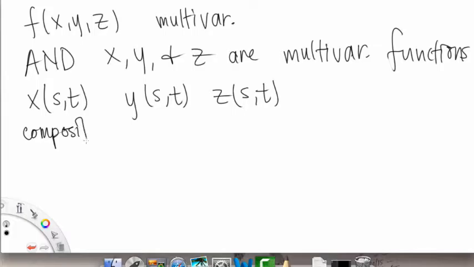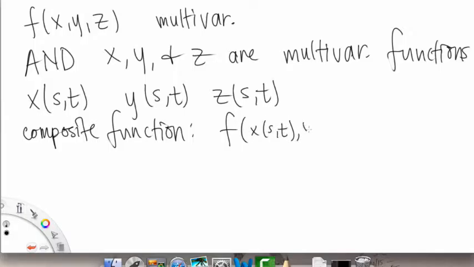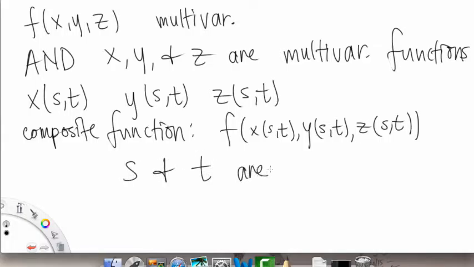So now our composite function looks like the following: f of x of s and t, y of s and t, and z of s and t. So we have a lot more variables going on here, and it's important to note that s and t are both independent variables.